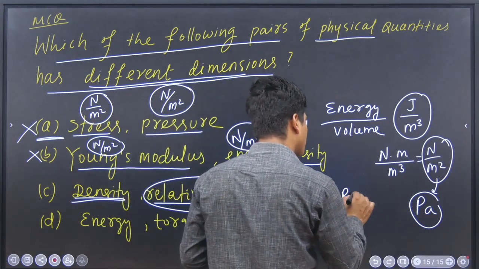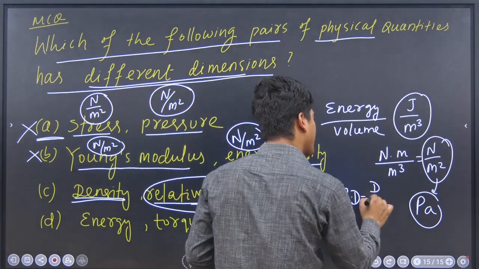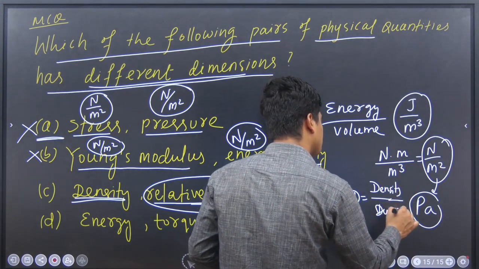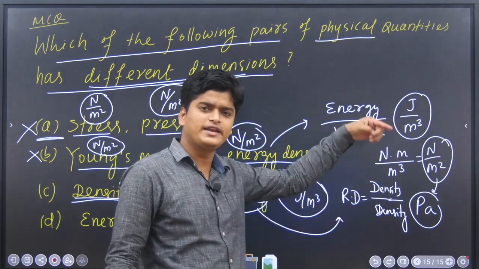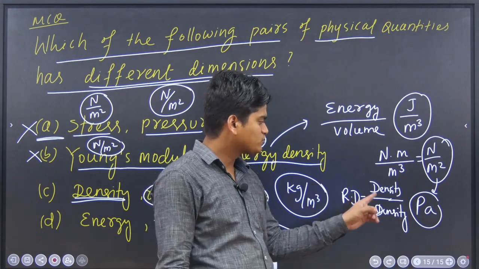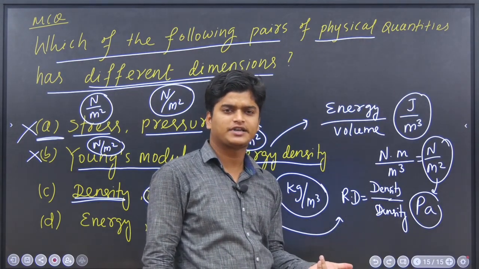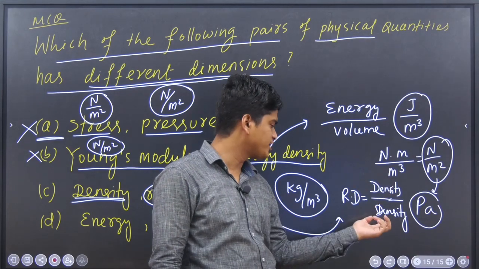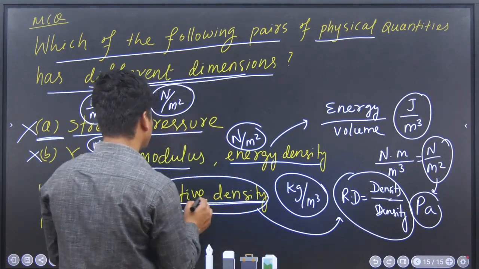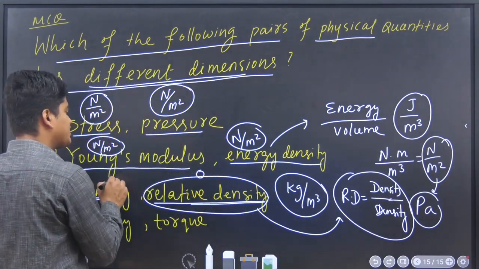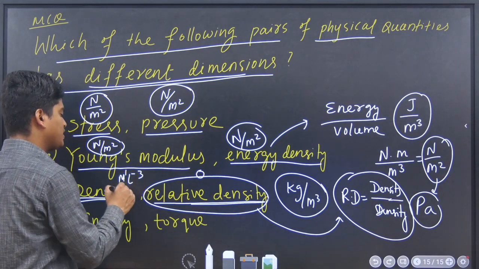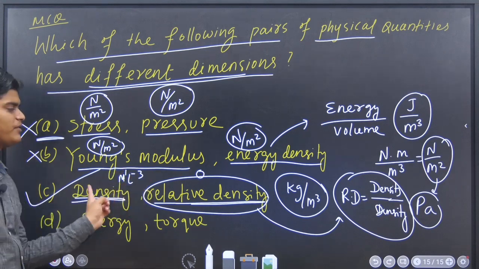So relative density is density by density, and kg per meter cubic cancels with kg per meter cubic. So you will get no unit, no dimension. That means relative density has zero dimension, but density has the dimension M1 L to the power minus 3. So definitely this pair will have different dimensions.